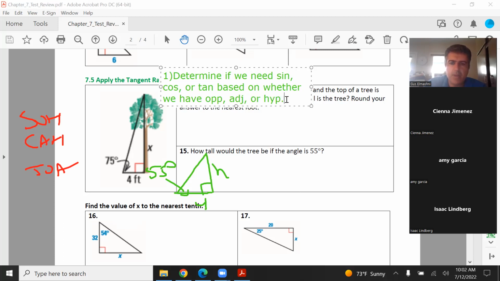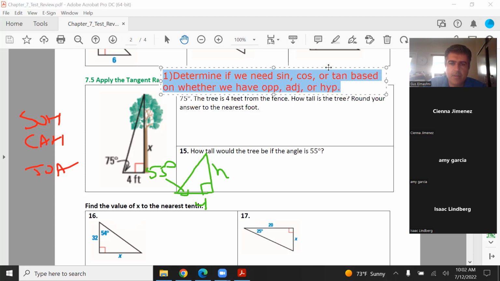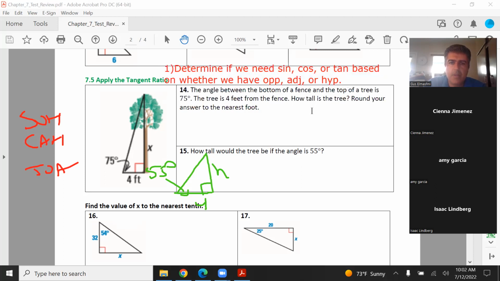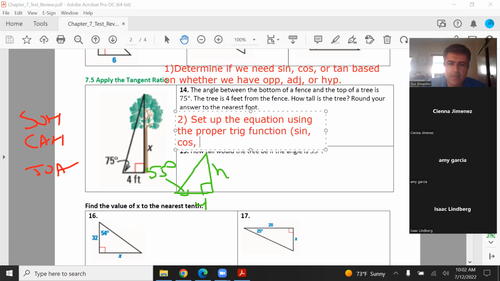Step 2: write the proper trig function, sine, cos, or tan.